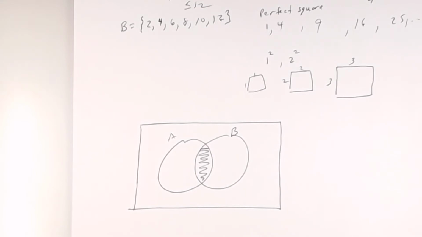Okay, so that means that if something's in there, it's also in A and where else? B. So that means the intersection. So the little shaded region means that's where set A and set B do what? Intersect. Those are the elements they have in common.